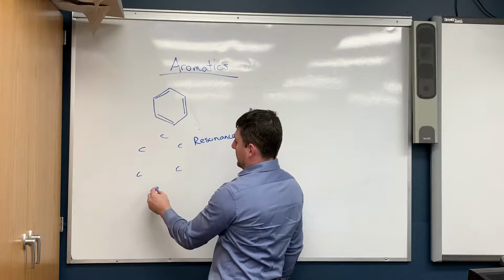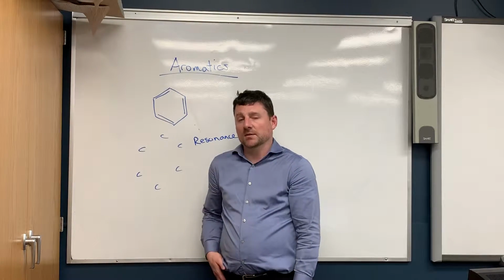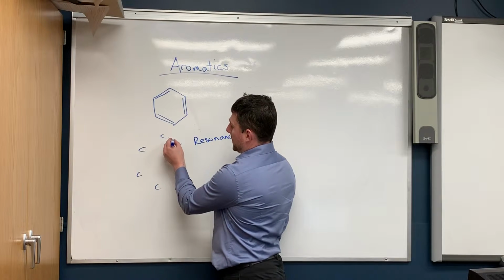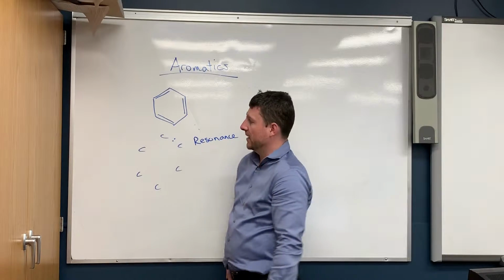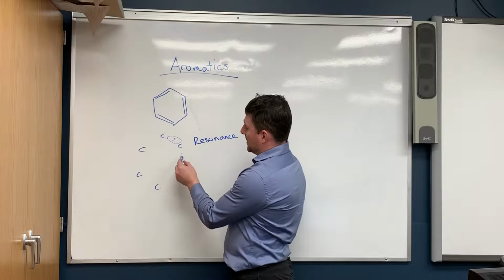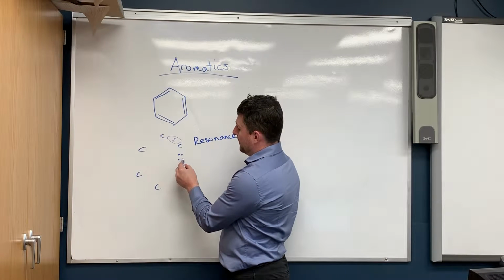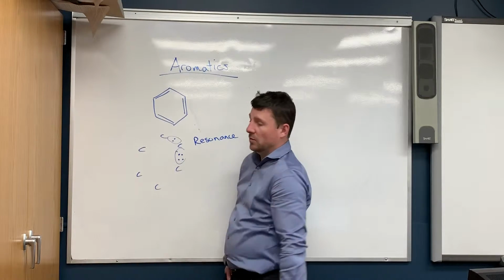I'm going to look at this slightly differently, just to remind everyone: what is a bond? Well, a bond is 2 shared electrons. So when I see a single bond, what I'm really talking about is 2 shared electrons between 2 atoms. And when I see a double bond, what I'm really looking at is 4 shared electrons between 2 atoms.